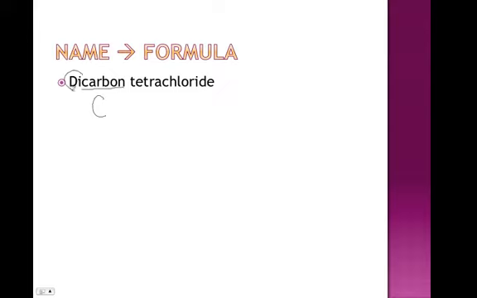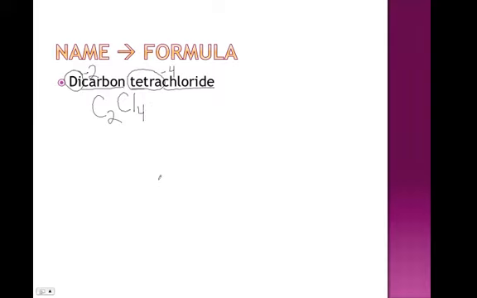So di means 2, so it's C2. Our second element is chlorine, because we changed the ending back to what it belongs to, and then we use Cl to represent that. And the subscript comes from the prefix tetra, which means 4, so it's C2Cl4.